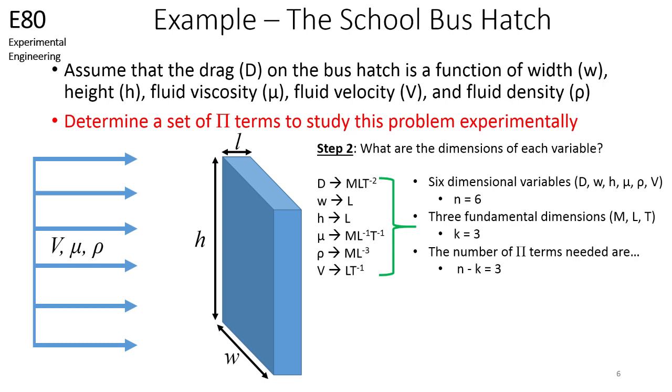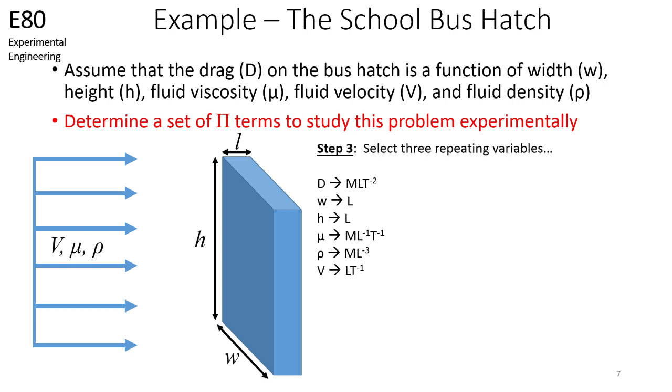So, k is equal to 3. The number of pi terms needed to study this problem experimentally is determined by subtracting the number of fundamental dimensions from the number of dimensional variables. So n minus k is 3. Therefore, we need 3 pi terms.